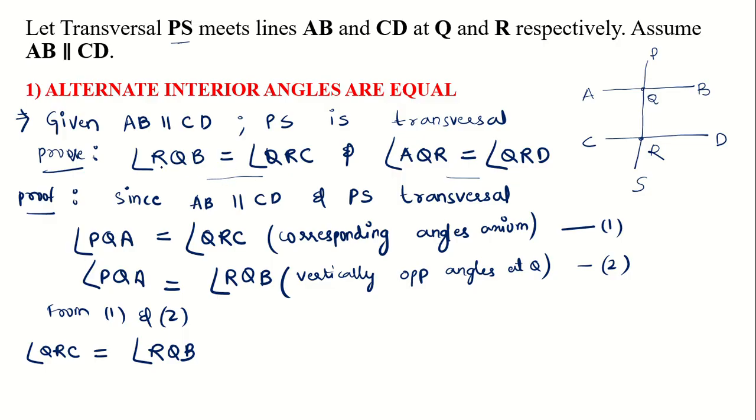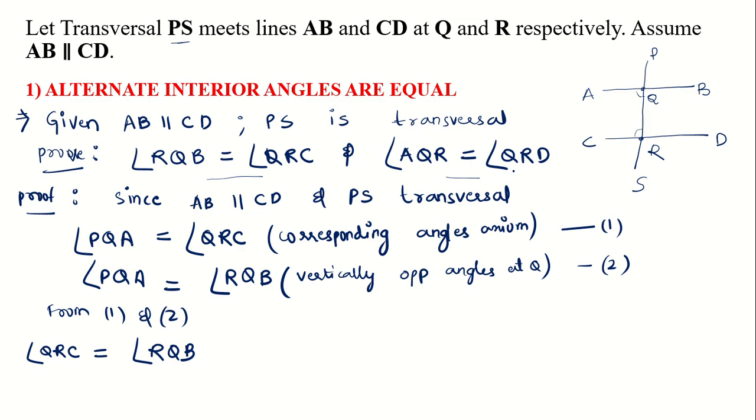Angle RQB is equal to angle QRC. So they are equal, and this is the first pair of your interior angles. As you can see, angle RQB, here you will get one angle, and angle QRC, here you will get one angle. So this is the first pair. We proved that angle QRC is equal to angle RQB.